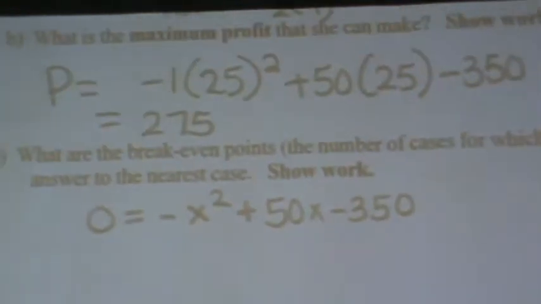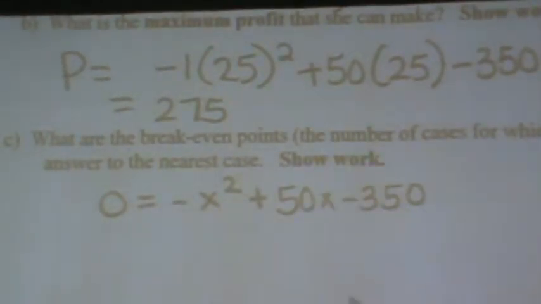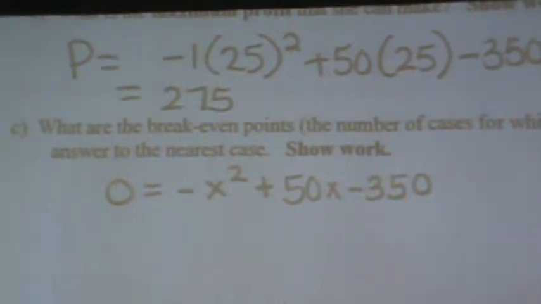And how do we solve one of these? There are two things you could do. You could complete the square, or you could use the quadratic formula. Whichever one you want, you're going to get two answers. They want to know both answers, and you end up getting 42 and 8.